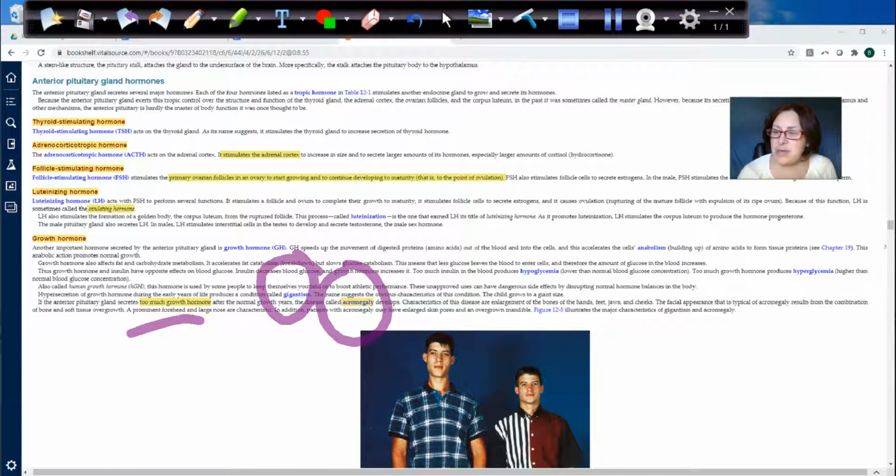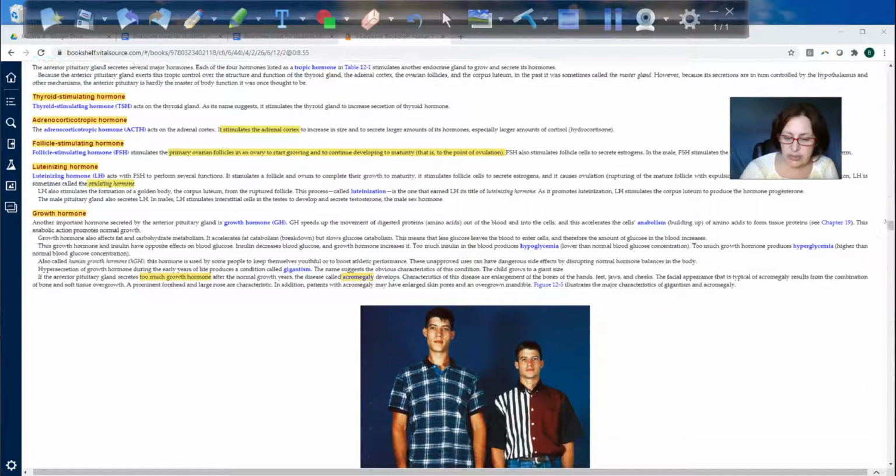And that would be somebody who's just very big, extremely tall, but everything's kind of in proportion. Acromegaly is too much growth hormone after puberty, in which case you typically are not going to get taller. So the growth hormone hits certain body parts, but usually leaves your arms and legs alone.